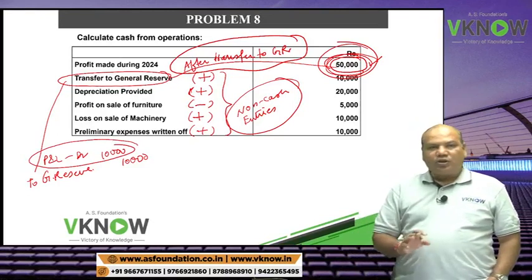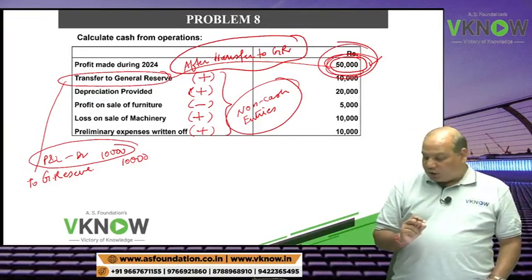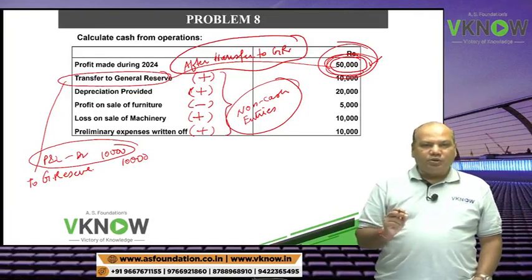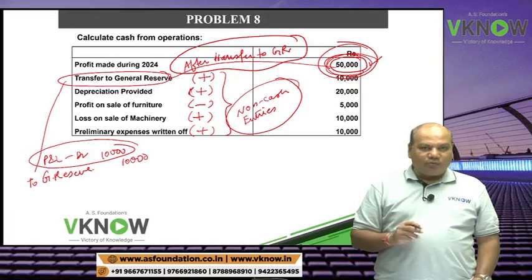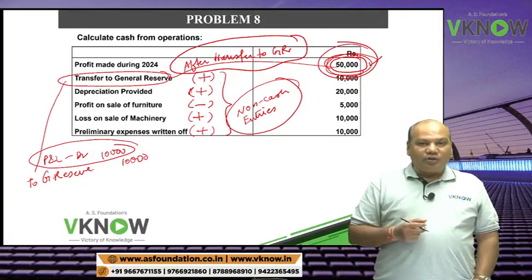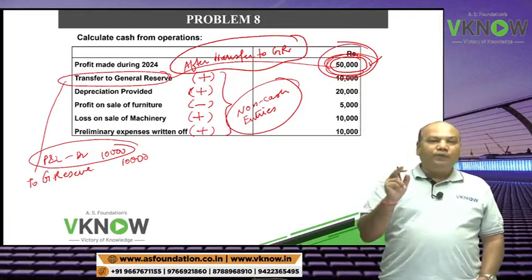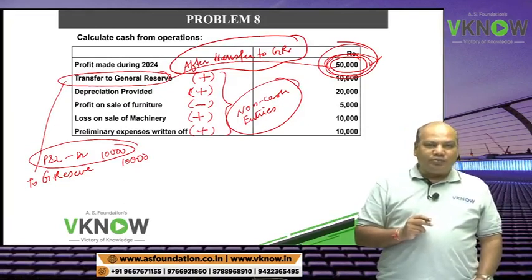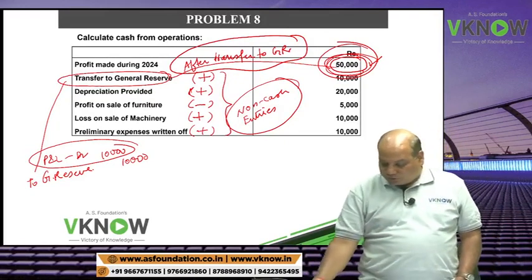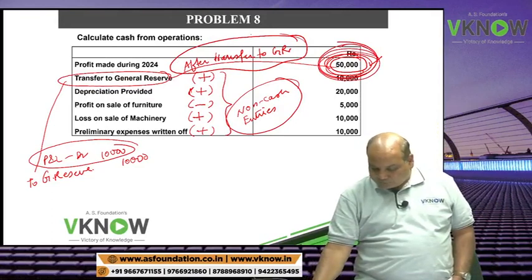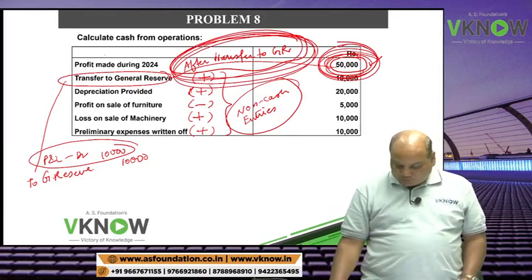By passing a journal entry, cash balance has not changed. So if you assume that 50,000 rupees is calculated after transfer to general reserve, add back general reserve. If you assume 50,000 is before transferring to general reserve, then do not add back. So we are assuming 50,000 rupees is after transfer to general reserve.